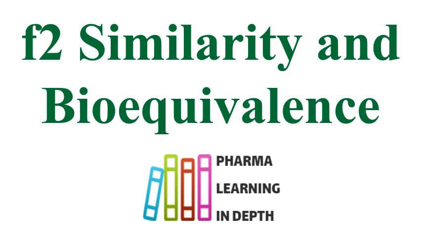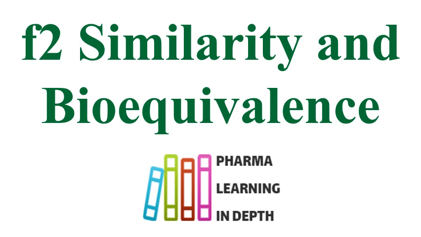When there is less than 10% difference in the dissolution profile between the two products or two formulations, then F2 similarity is said to be achieved. An F2 similarity of more than 50 is considered to indicate the same dissolution profile.